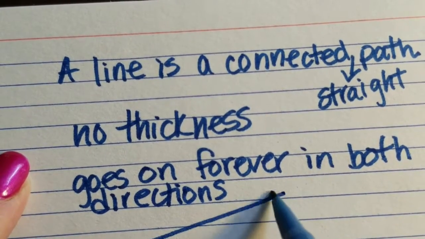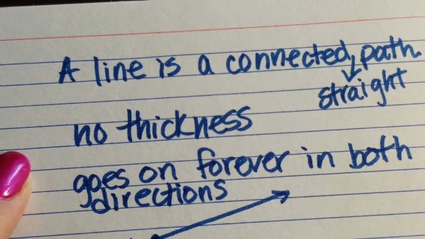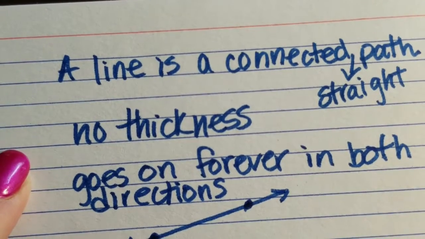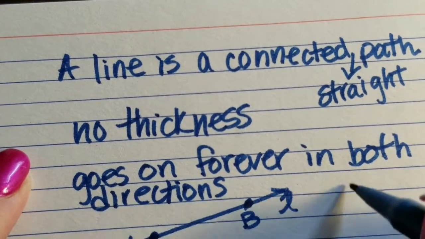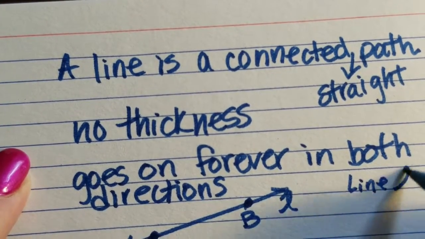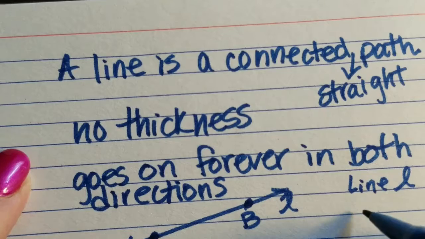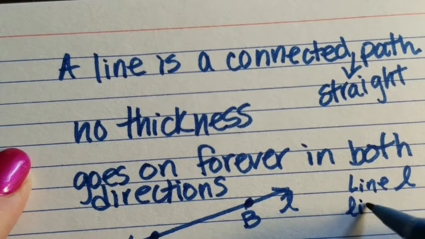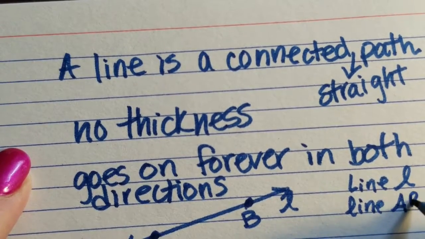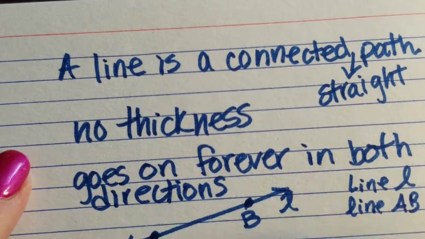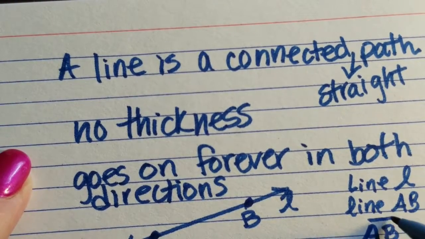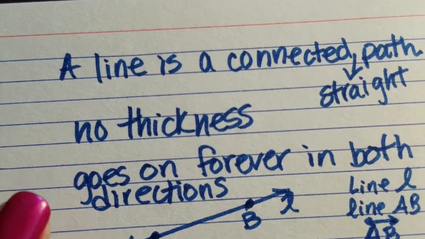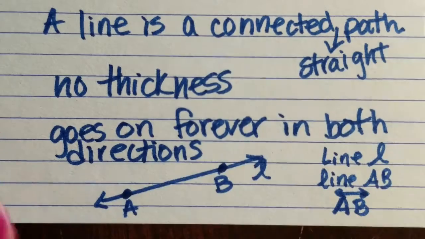So we could draw this, it would look something like this. We could name this in a couple different ways. We could call this line L, or line AB, or even line BA, or we have a designation symbol that's also line AB. We could also do it line BA.